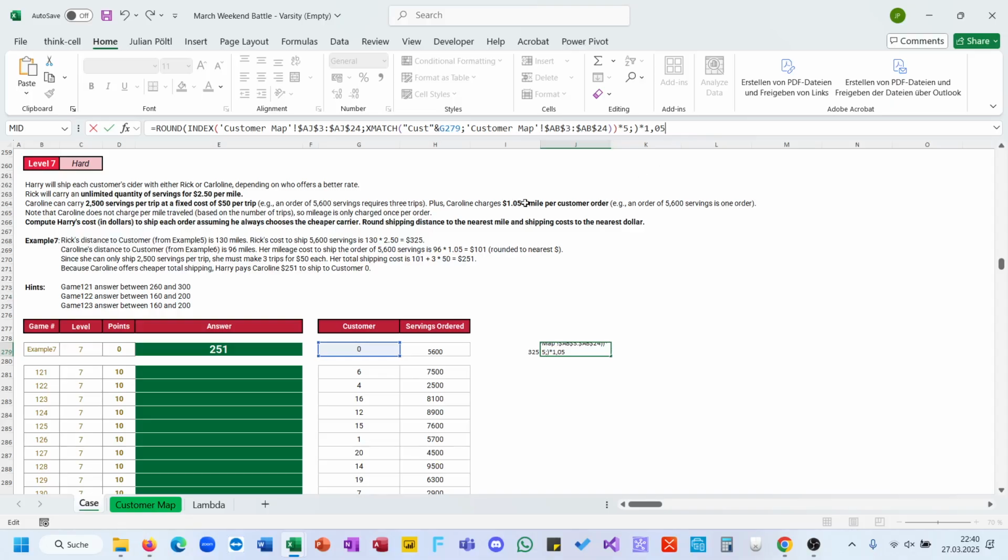No. Oh yeah, it's right, 105, because you will 1 per mile per order, so it's always 1 times plus round up.